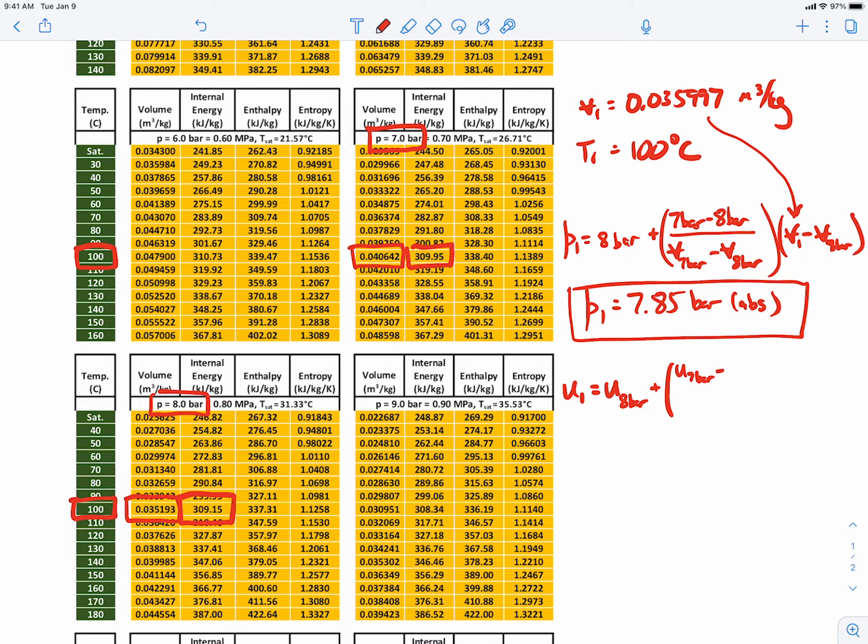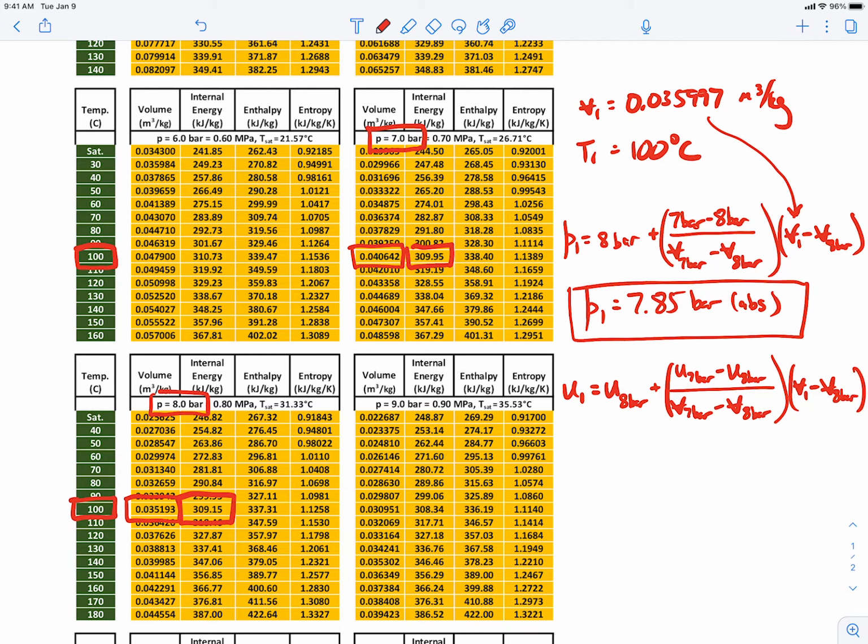That's the specific internal energy at 7 bar minus the specific internal energy at 8 bar divided by the specific volume at 7 bar minus the specific volume at 8 bar times specific volume at 1 minus the specific volume at 8 bar.